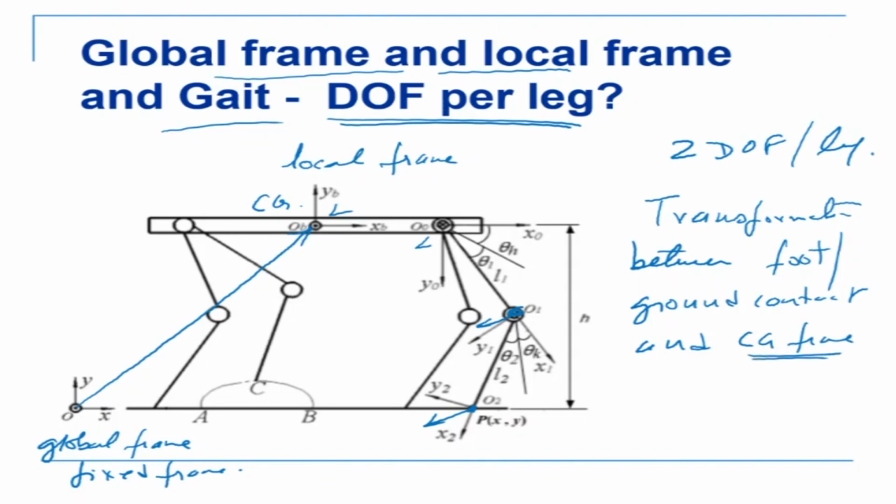And if you have it in relation to the CG frame, you can also go to the global frame, right? This can be done for each leg, so you can look upon this as a serial arm manipulator.